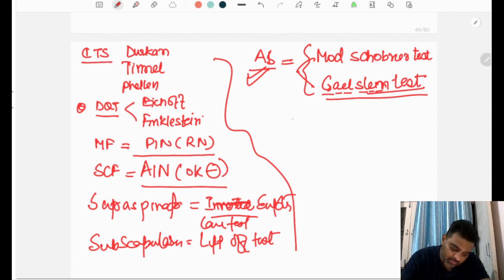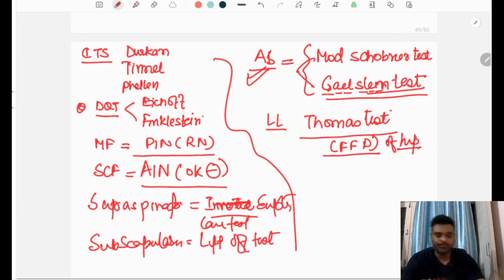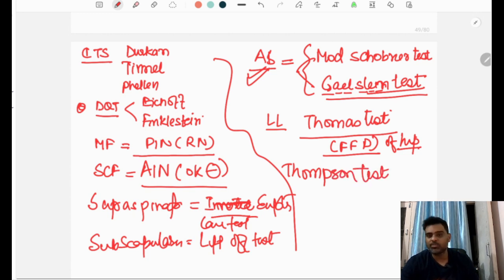Then for the lower limb, you have to remember the Thomas test. The Thomas test is done for fixed flexion deformity of the hip. I will also show you a diagram. Then there is the Thompson test. What happens in the Thompson test?